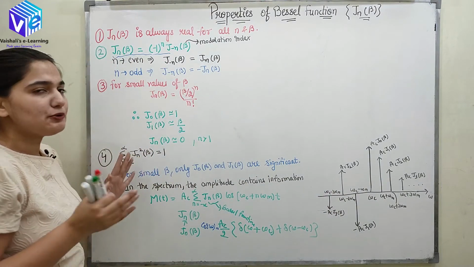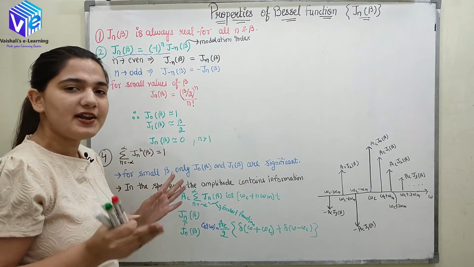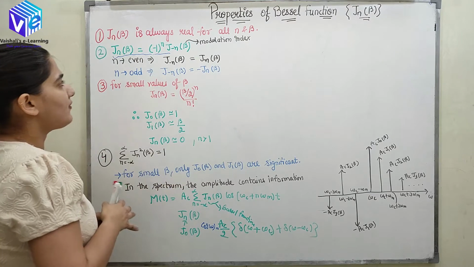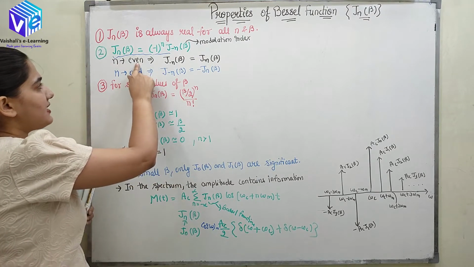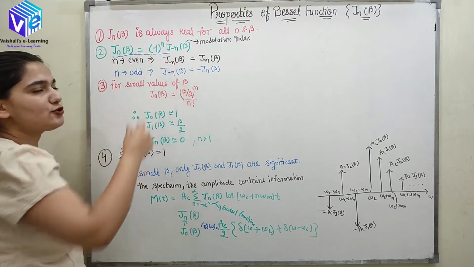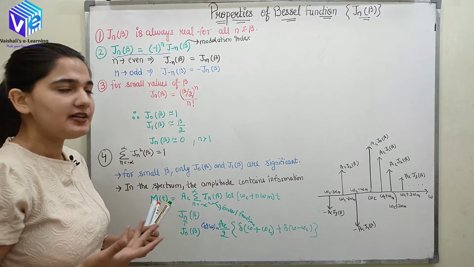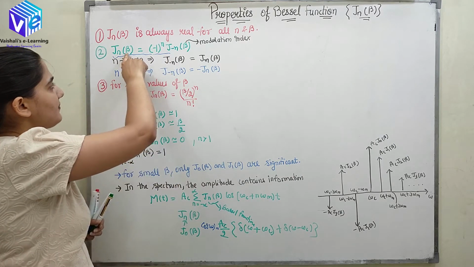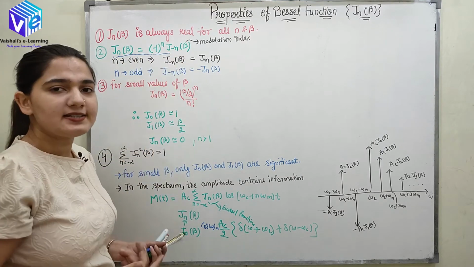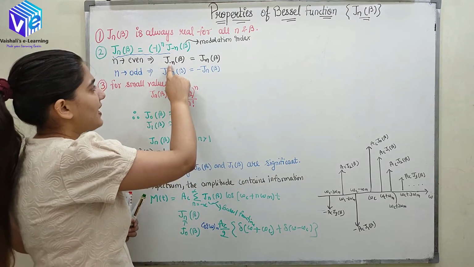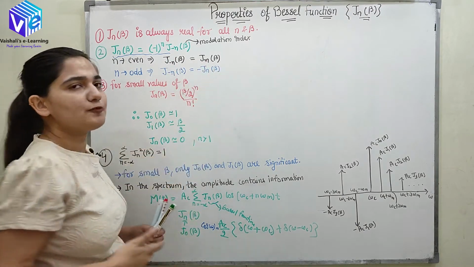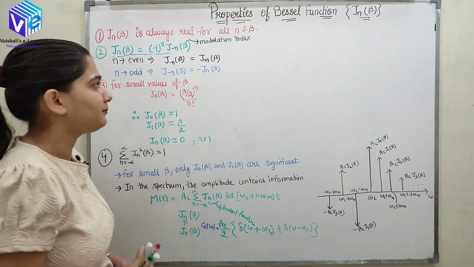So it's the relation between the positive and the negative part. I can deduce the relation for even n and odd n. When n is even, minus 1 raised to power even would be 1. So J_n(beta) would be equal to J_minus n(beta). If I need to find J_minus n(beta), it would be directly equal to J_n(beta).